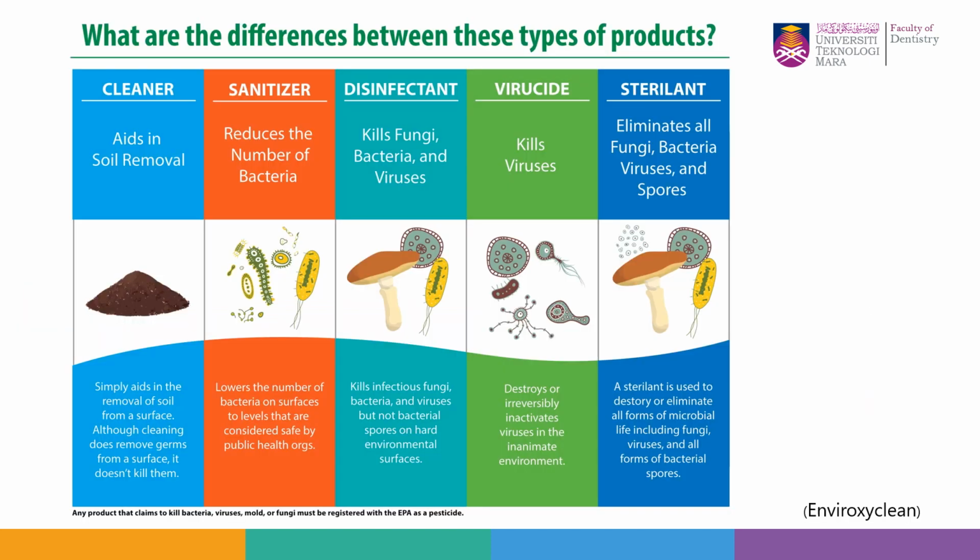So what are the differences between these types of products? When we choose a cleaning product, or cleaner, it aids in soil removal. But when we choose a sanitizer, for example hand sanitizer, which is very popular nowadays, it lowers the number of bacteria on surfaces to levels that are considered safe by public health organizations.